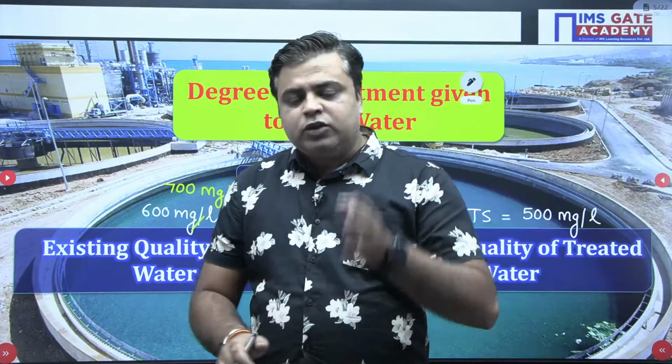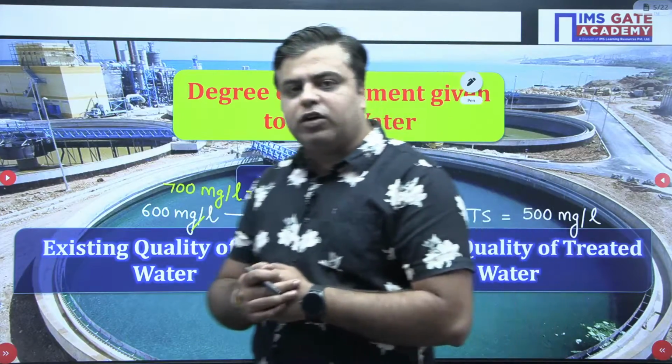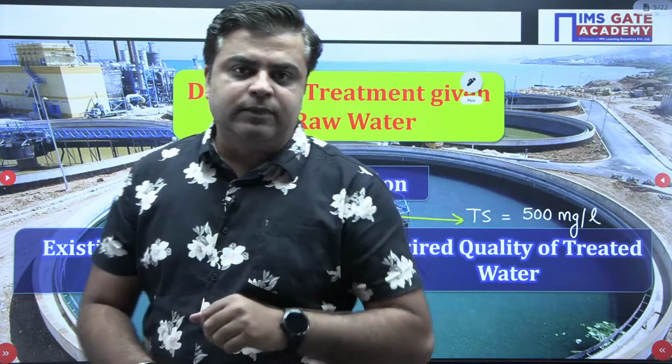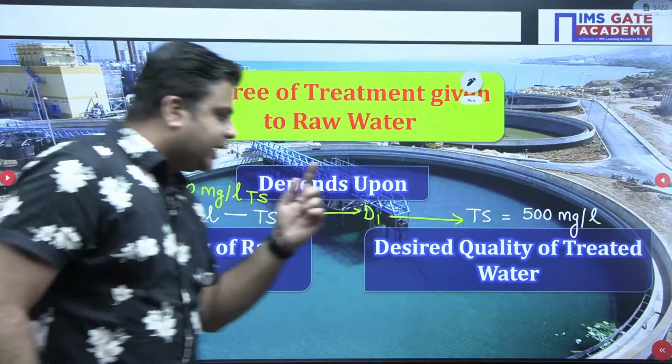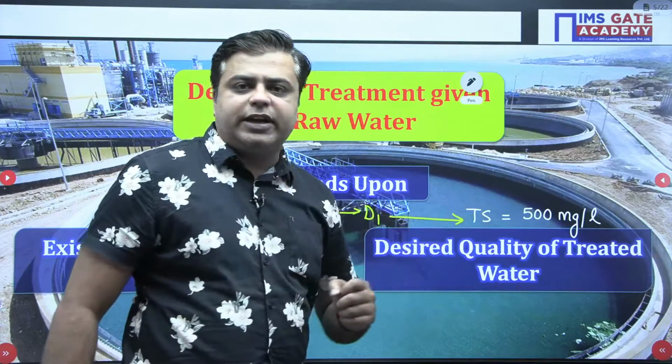Okay. So the degree of treatment given to the raw water depends upon two factors. First one is the existing quality of the raw water, and second one is the desired quality of the treated water.